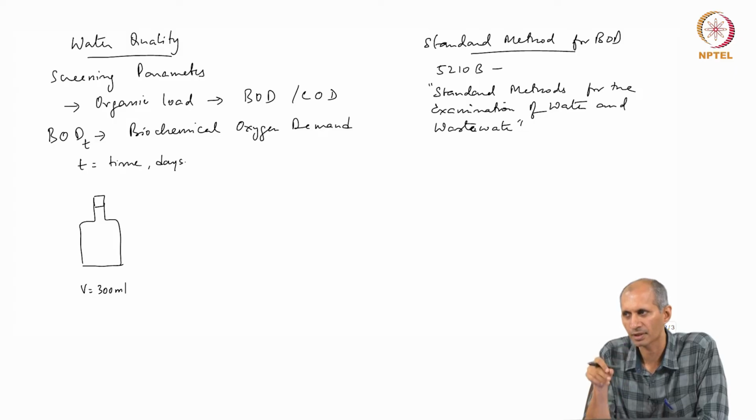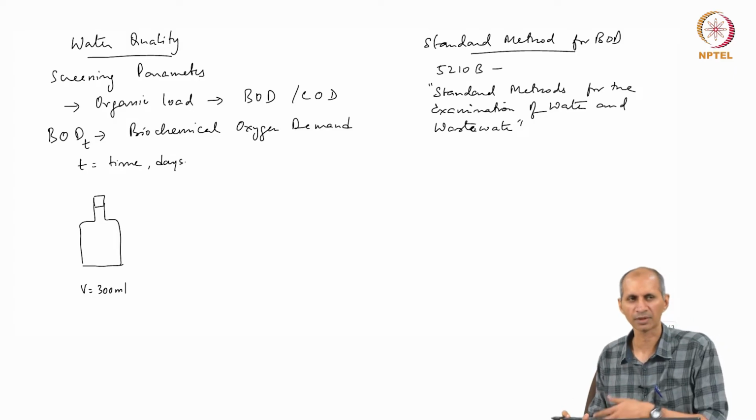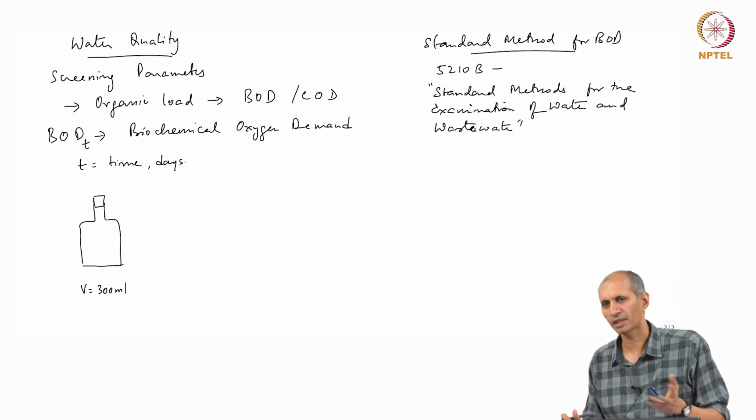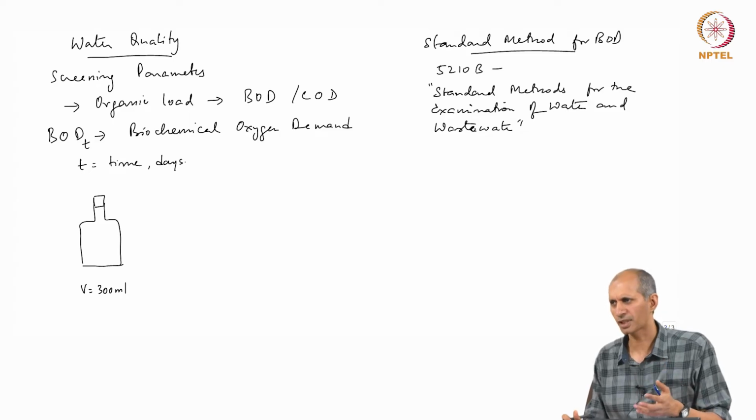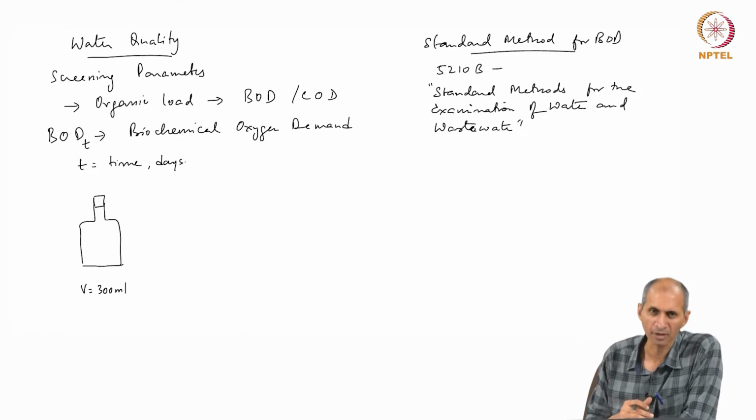For example, I can do a BOD analysis whichever way I want as long as I understand what I am doing and why. But there are a lot of people who are just analysts who will come and do it blindly. For them, the standard method gives step by step instructions. You follow blindly, and it should give you the correct answer. You do not have to apply your mind to it.